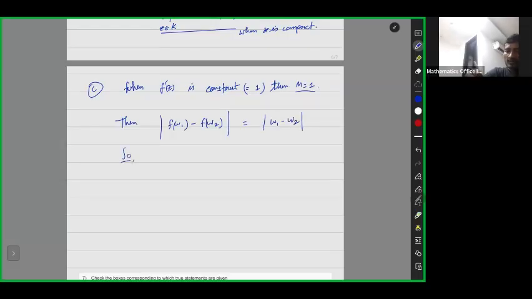So it is not necessary that it is strict.